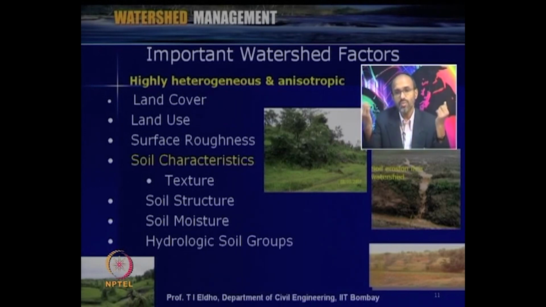According to the hydrological soil groups, we can identify various parameters like the initial soil moisture or the hydraulic conductivity of the soil. So there are a number of soil characteristics which we have to deal with as far as the watershed is concerned.